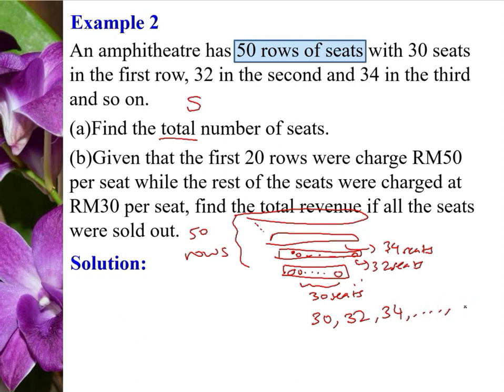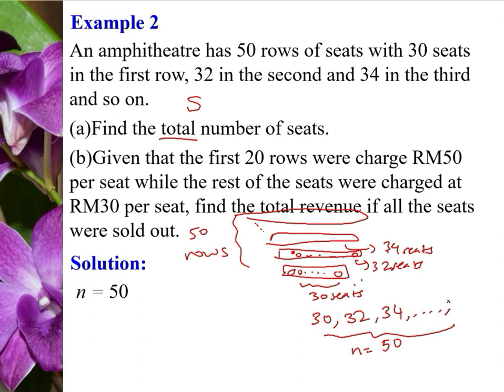That doesn't mean that our last row has 50 seats. No, that means we have 50 rows. So this 50 rows means we have n equal to 50. That's the number of rows that we have, which also refers to the number of terms for this sequence.